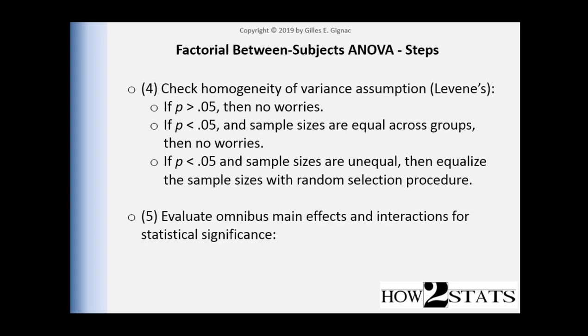Next, once you're satisfied with the homogeneity of variance assumption, you can evaluate the omnibus main effects and interactions for statistical significance. So those omnibus effects are reported in the ANOVA table, that key table with all the F values and the p values and partial eta squared. That is where you're going to evaluate whether the main effects and the interactions are significant or not.